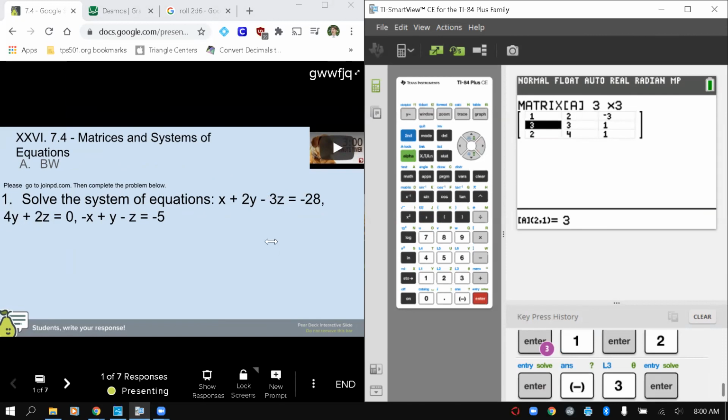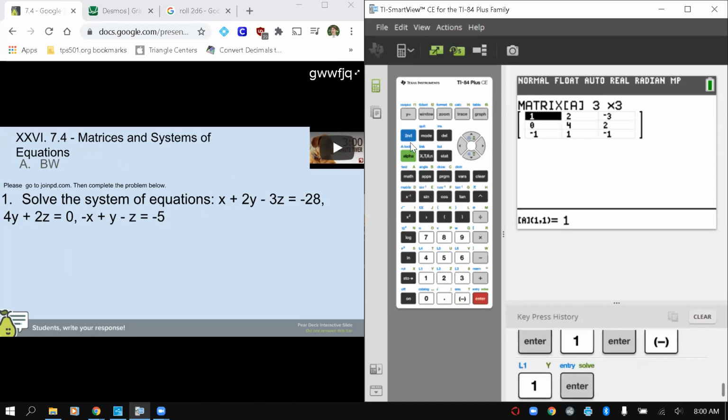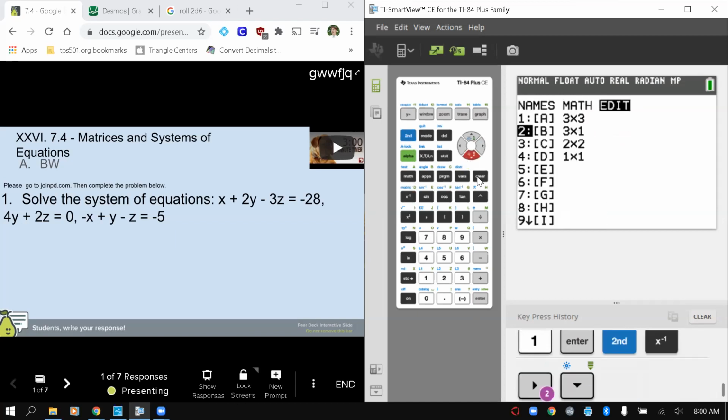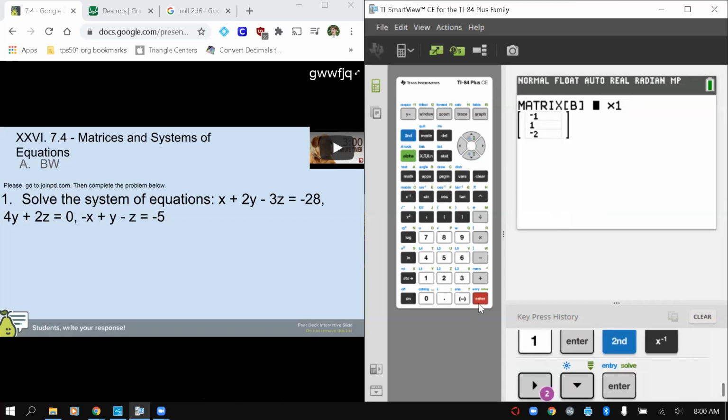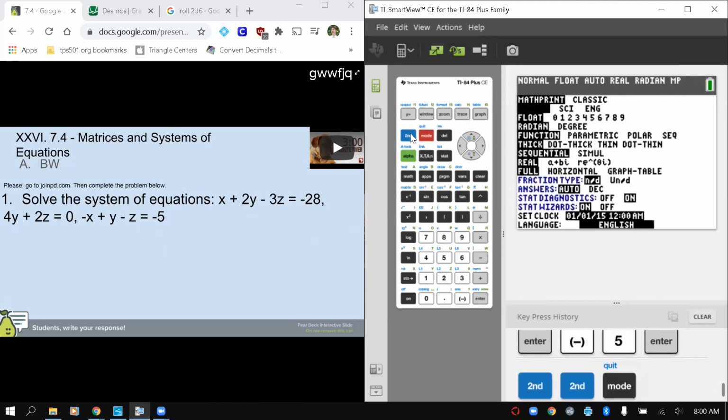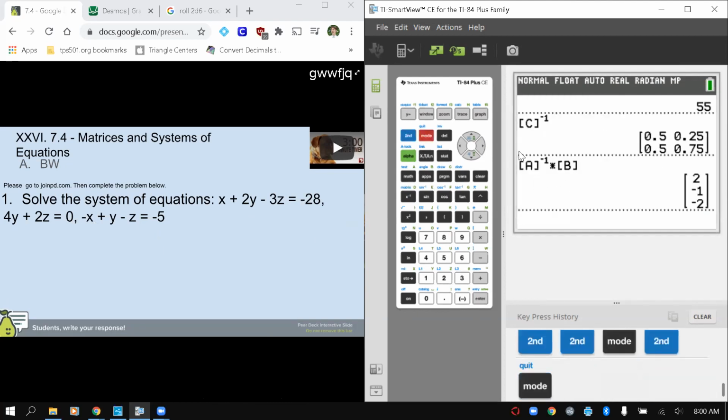There's no y value for this one, so 0 for that. And then -1, 1, -1. All right, if I go back in and define matrix B to be a 3 by 1 with constants -28, 0, and -5, I can then perform this operation.